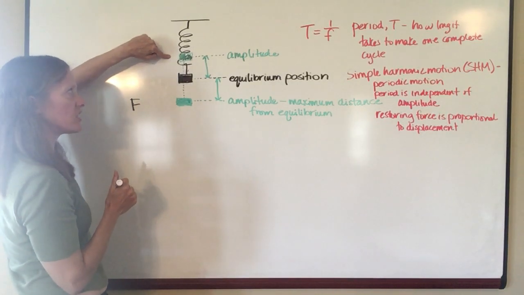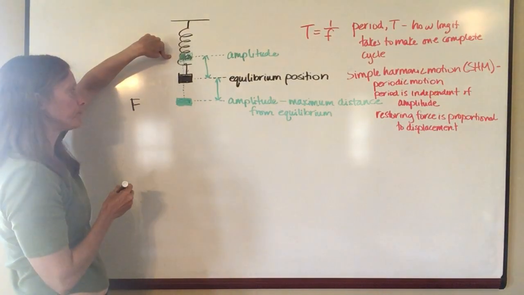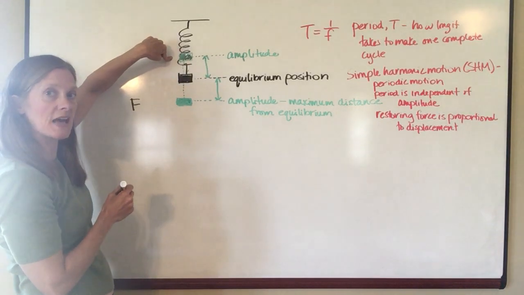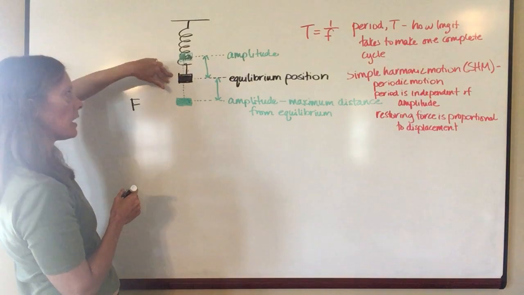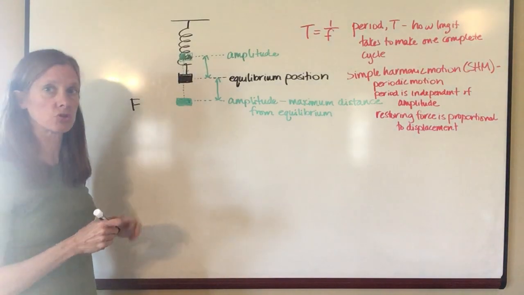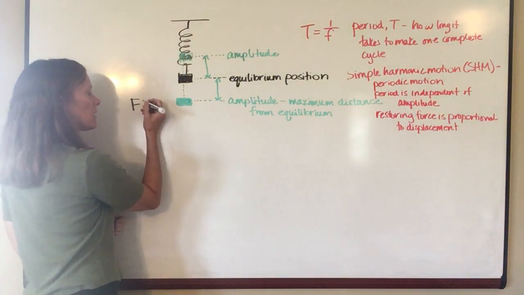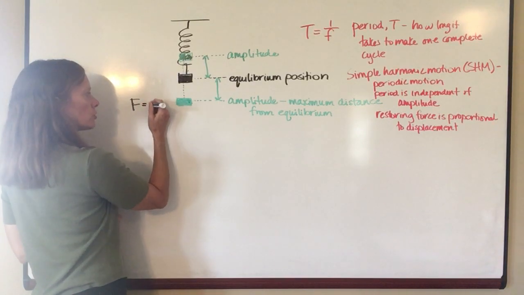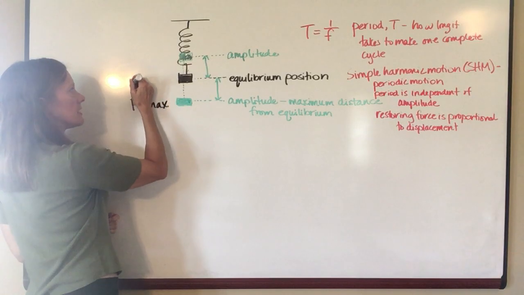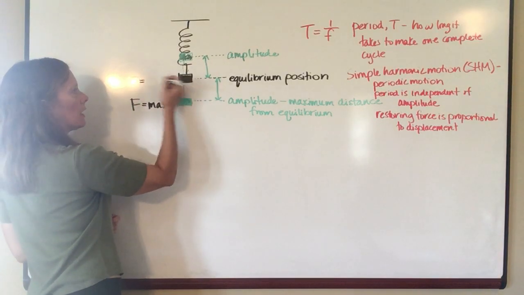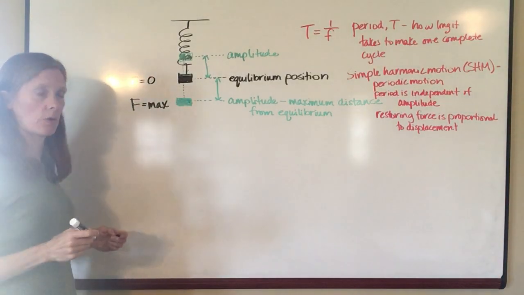So again, at this amplitude, the restoring force is at its maximum amount, and the closer it gets to equilibrium, the smaller that restoring force becomes. So here, the restoring force is at its maximum amount, and at equilibrium, the restoring force is equal to 0.